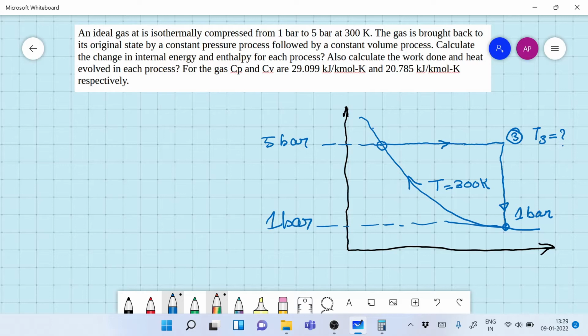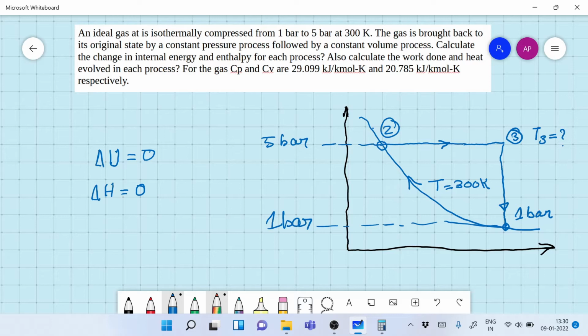Now, for process 1, 2, the change in internal energy is 0 since the initial and final temperatures are the same. Also, the change in enthalpy is also equal to 0 since the change in temperature from 1 to 2 is 0.